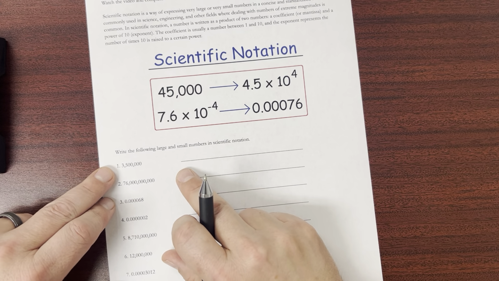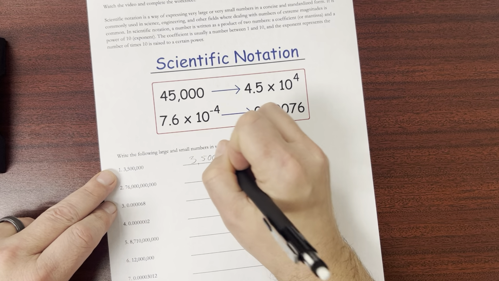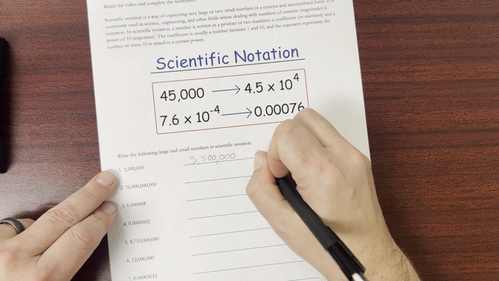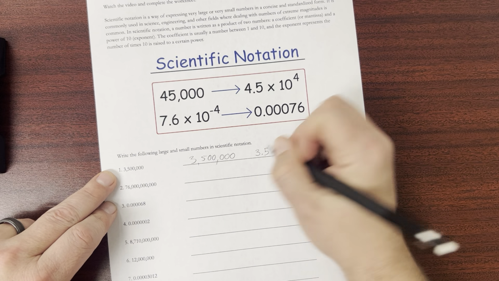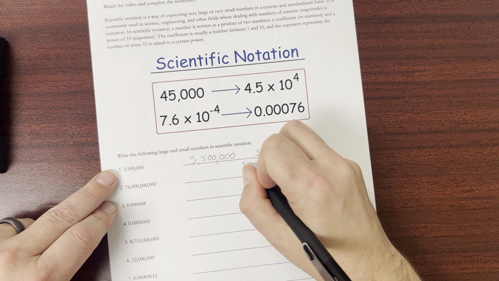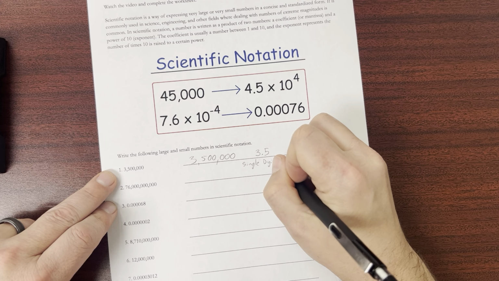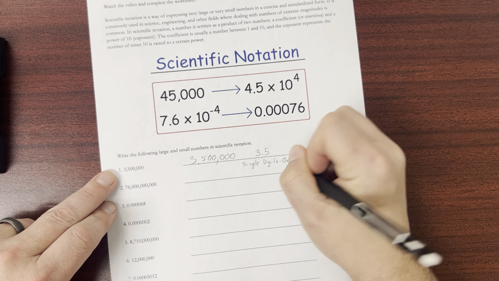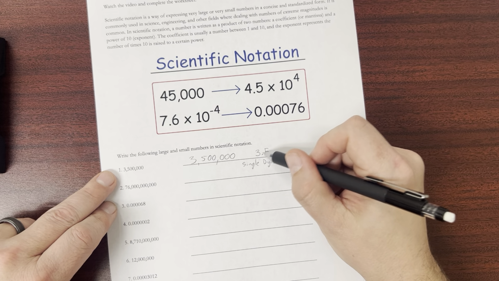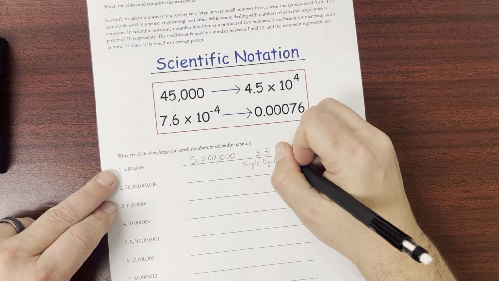So let's look at this first one, number 1. 3,500,000. All right, well, we want to start off with our first numbers here, and we want single digits. Or you just want to think of the ones place, right? We don't want 35, we want 3.5, a single digit number here.